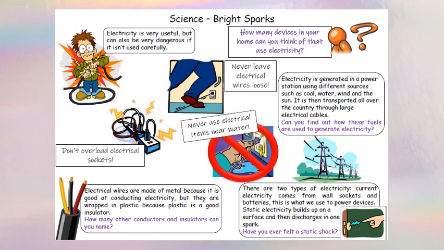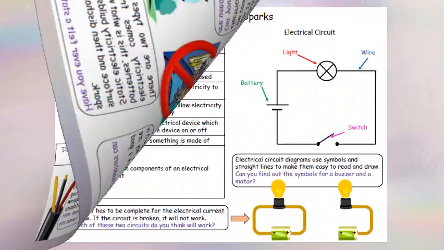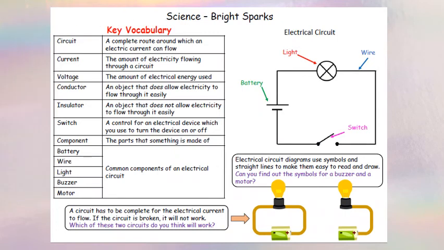We have also learnt about the dangers of electricity and how to use electrical appliances as safely as possible. We will be learning lots of key scientific vocabulary and how to design and create simple electrical circuits.